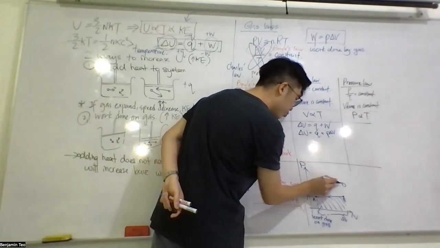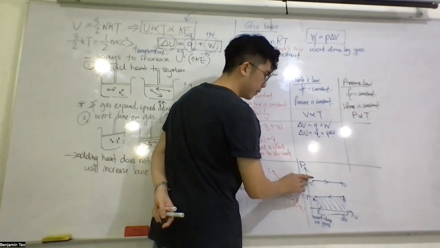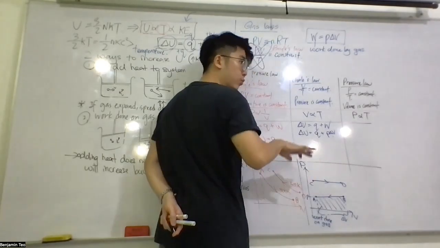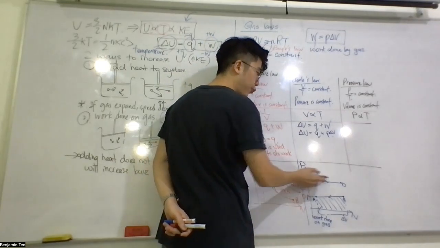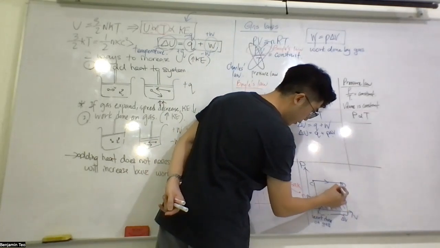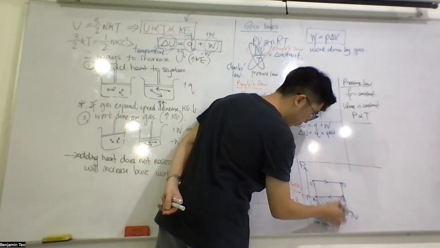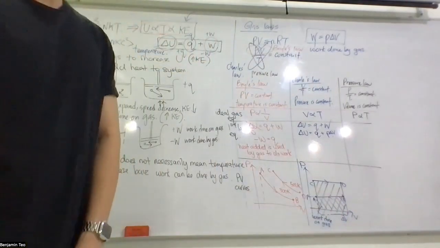If I go from C to B, my volume increases. So the gas is doing work on the piston. From here to here, this area is the work done by the gas.